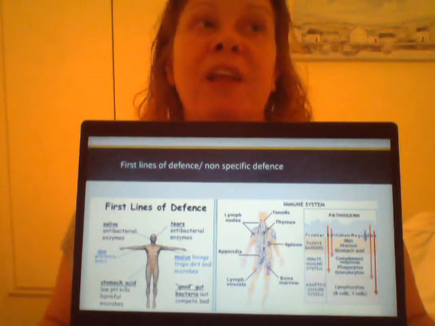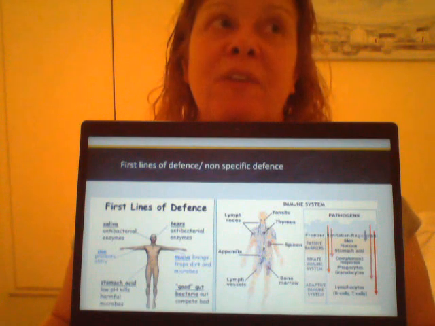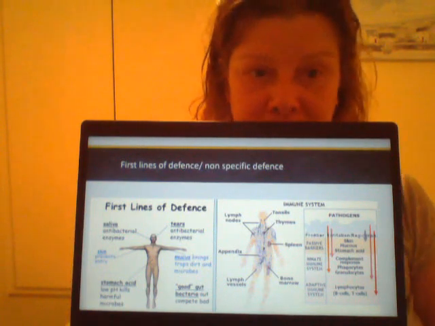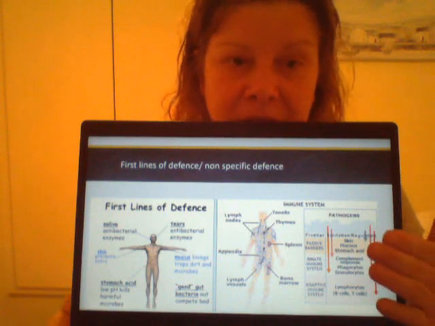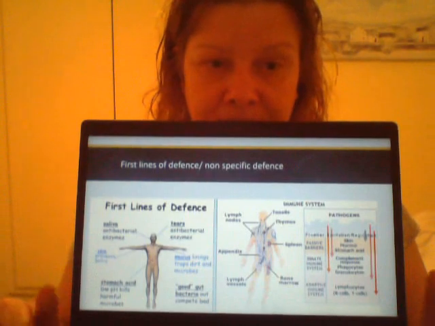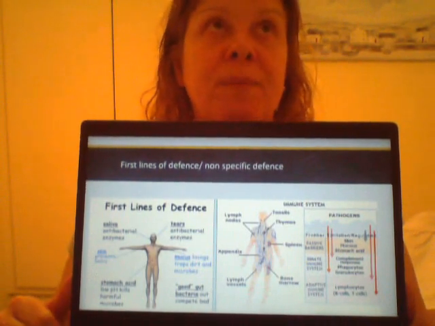Specific immunity involves the activation of B and T lymphocytes, which are white blood cells, which we will cover shortly. Here we're looking at the first lines of defence and the non-specific defences, which we have just covered.